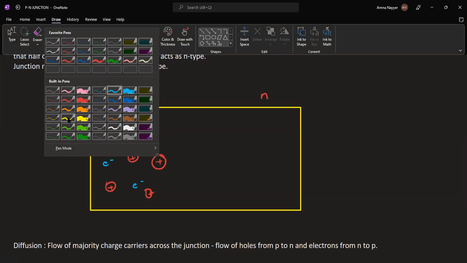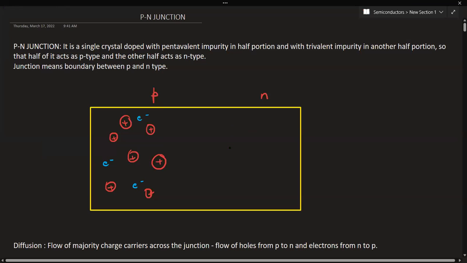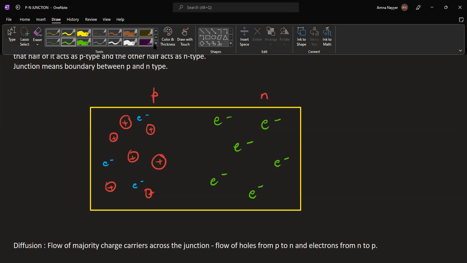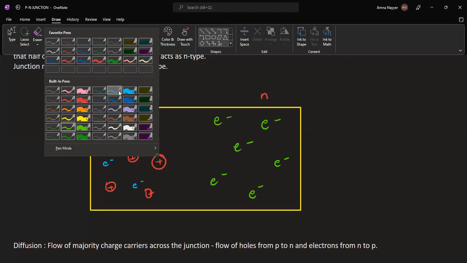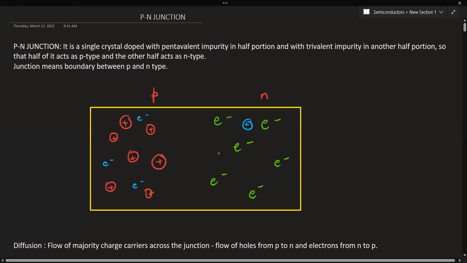Whereas in case of N-type, what are the majority charge carriers? Electrons. So this will have a larger number of electrons within it, and the minority charge carriers, that are the holes, will be in very few amounts.